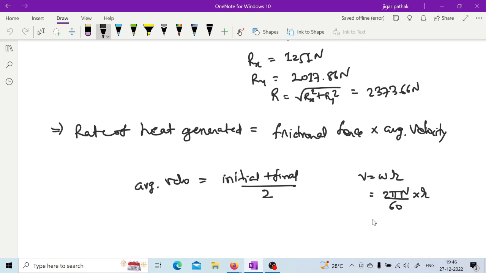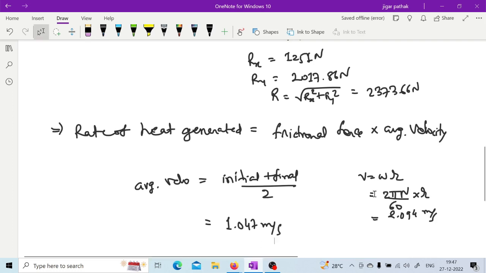Yes, sir. So from this, 2.094 meter per second, correct? So the average will come as 1.047 meter per second. Once you have this average velocity, you simply put it here, because this frictional force is mu N and this is the average velocity you have calculated.